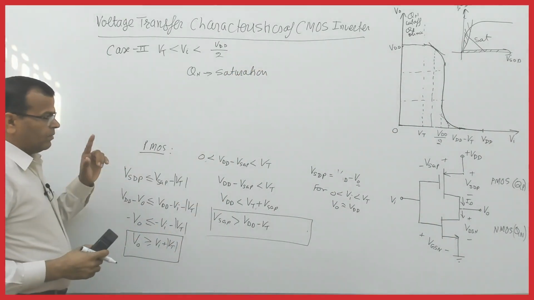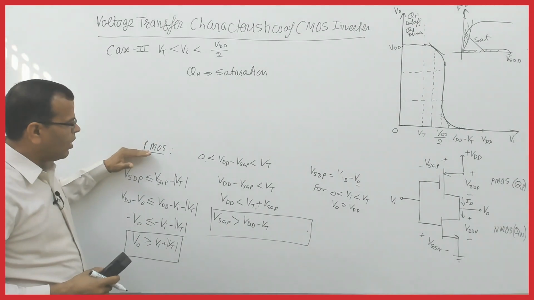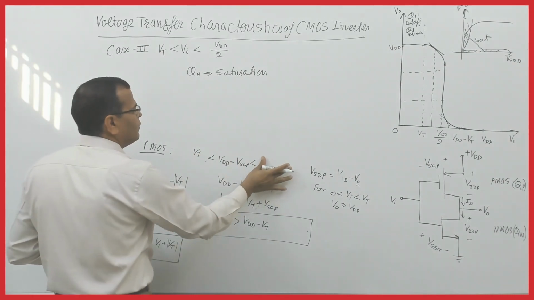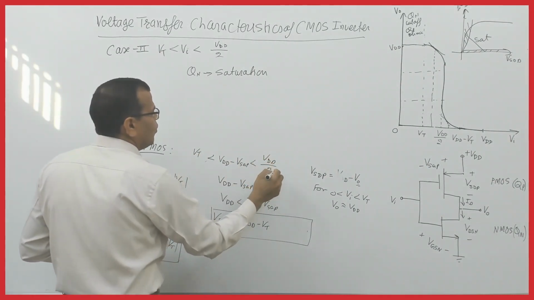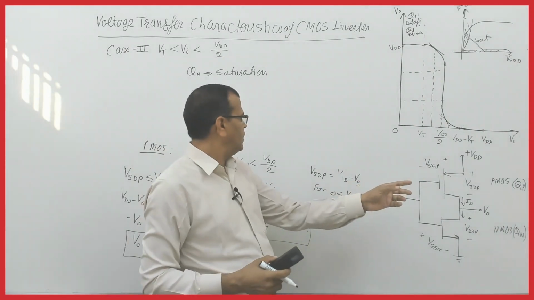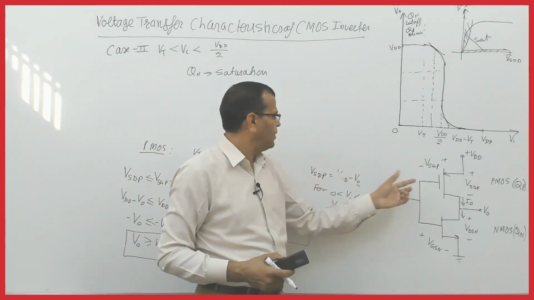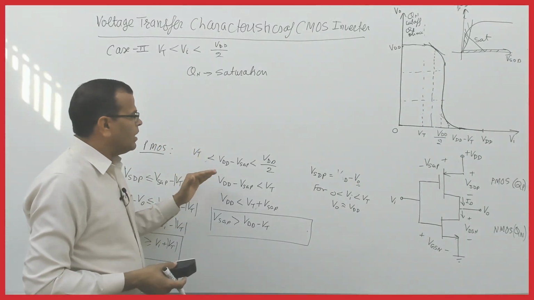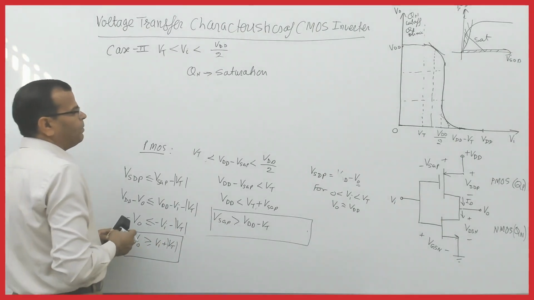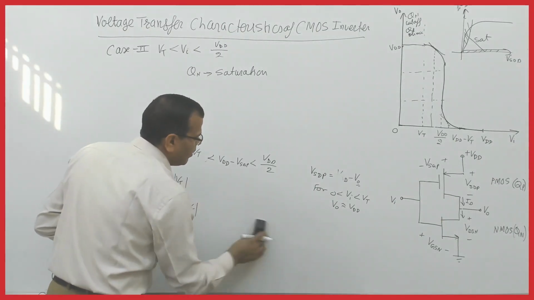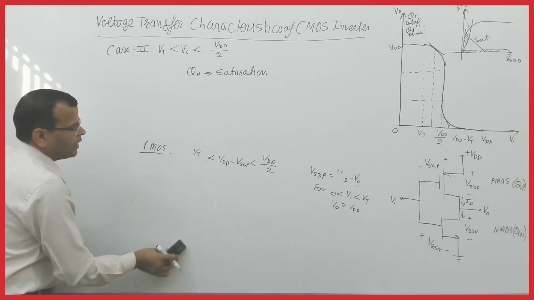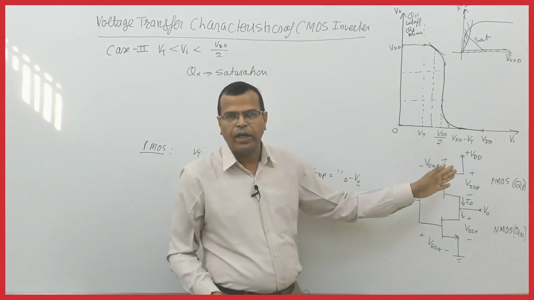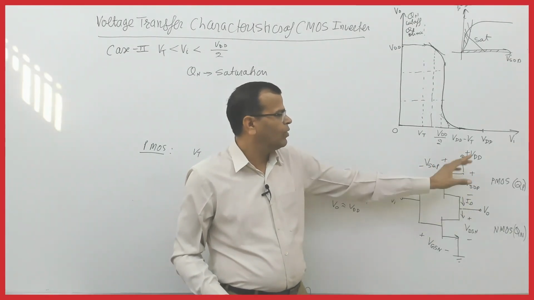Fine. And what will be your PMOS? In this case, this is Vt, this is VDD by 2. Why? Because this is your input voltage, VDD minus Vt. So input voltage is between this range, and here again if you derive the relationship between output and input voltage, in this case as well, initially it was on, this voltage VSGP was very high and this was small, it was in ohmic region.